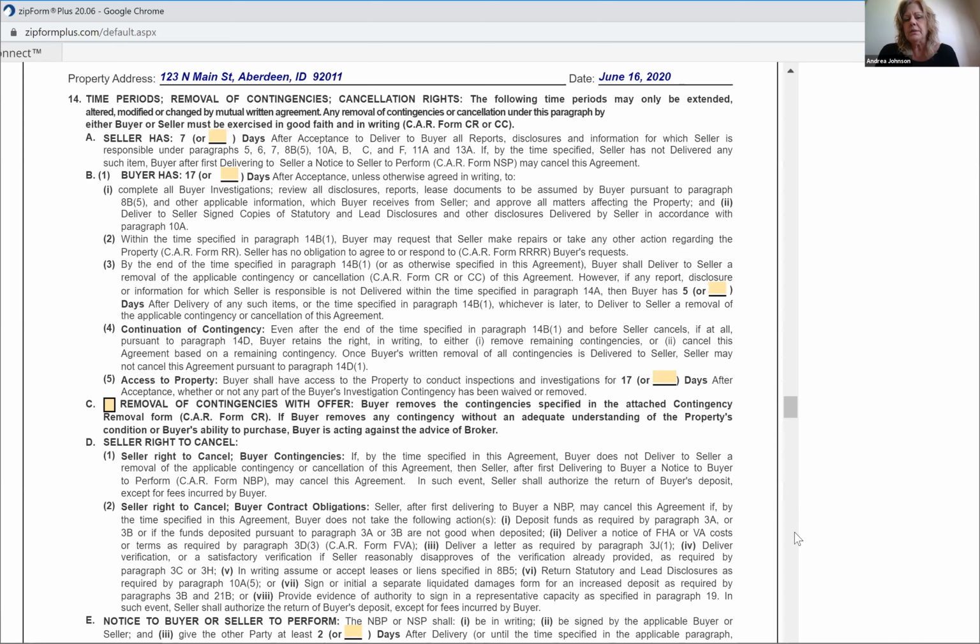If the property is an investment property, then they're taking it with the existing tenant, then it would be lease documents and all of the related documents to the rental property, if that's what they're purchasing. So it's a default of 17 days, and also within that time frame, buyer is going to be conducting any buyer inspections, such as a whole house inspection, and then any ancillary inspections that are recommended by the whole house inspector.